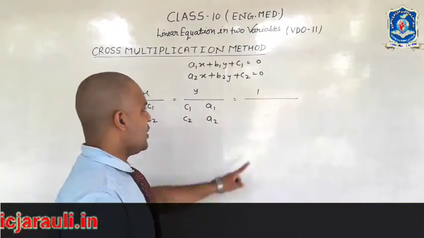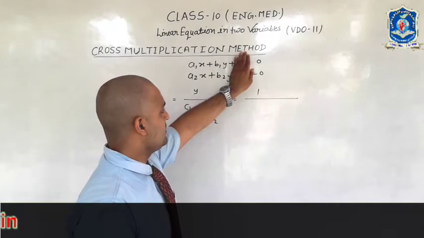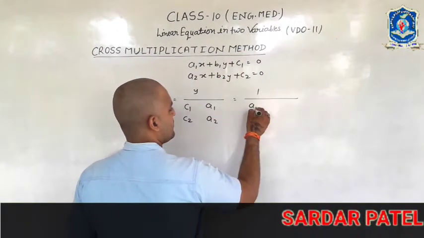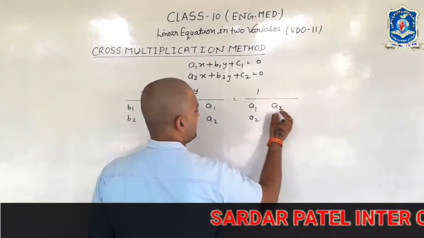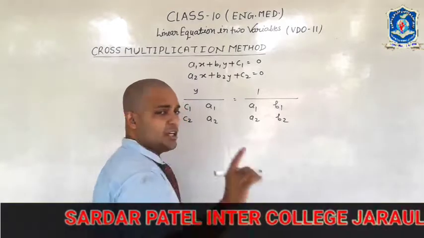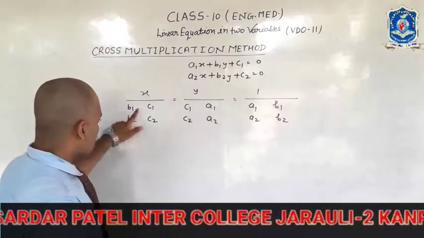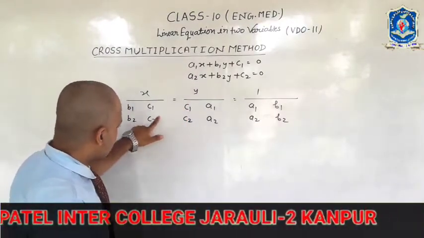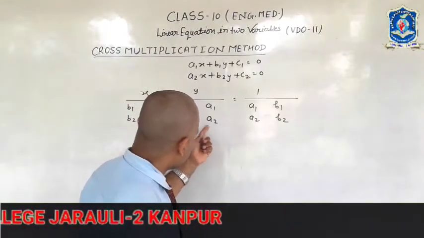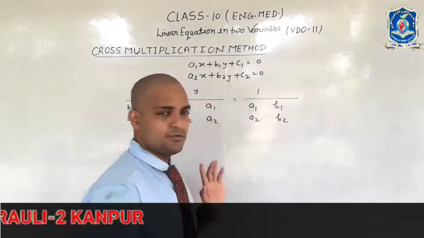For the constant term 1, we take a1, a2, b1, b2. Look: b1 b2 c1 c2, then c1 c2 a1 a2, then a1 a2 b1 b2.